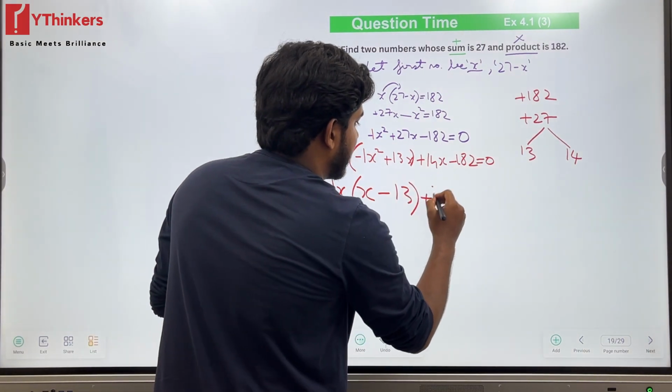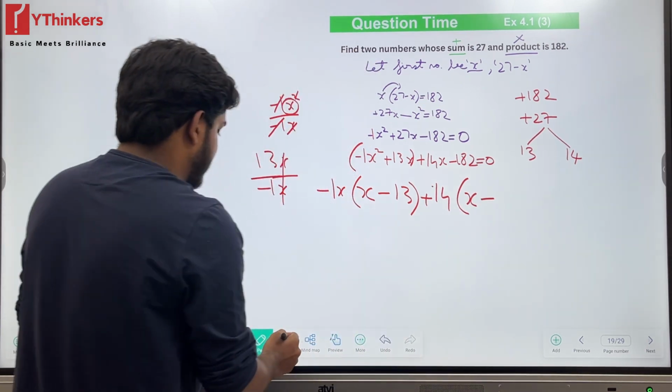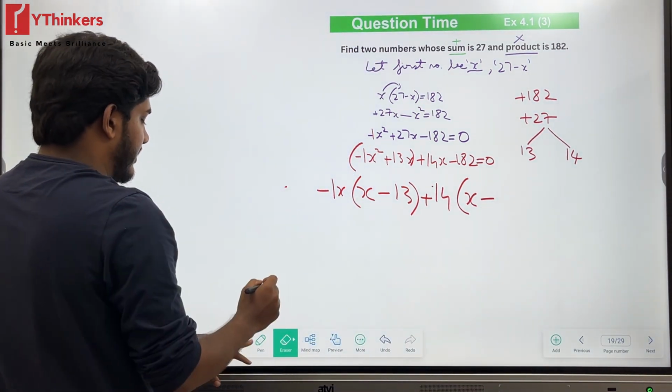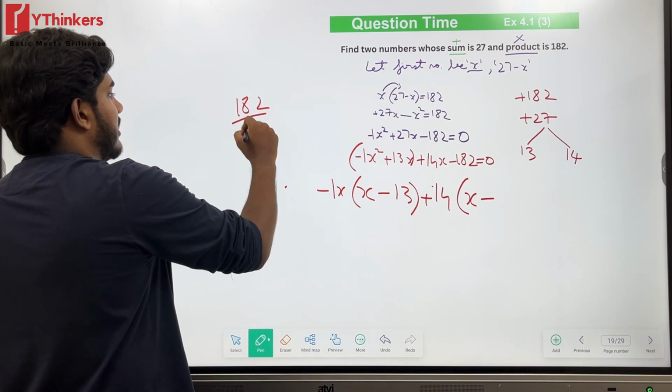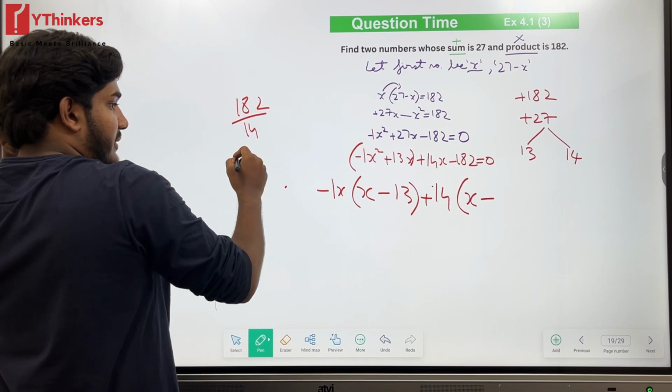And here I'll take 14 as common, plus 14. So this will be x, and what is 182 divided by 14? 14 tens are 140. I guess it will be 14 13s.